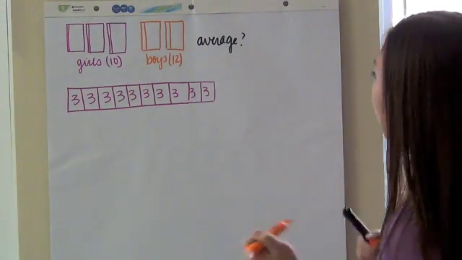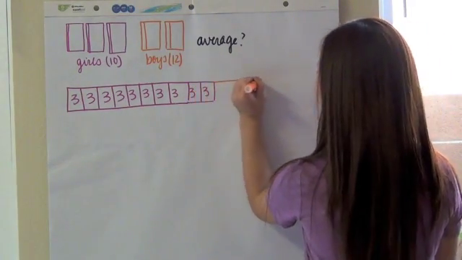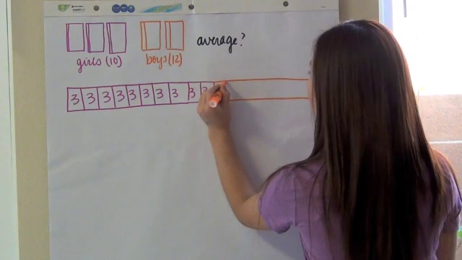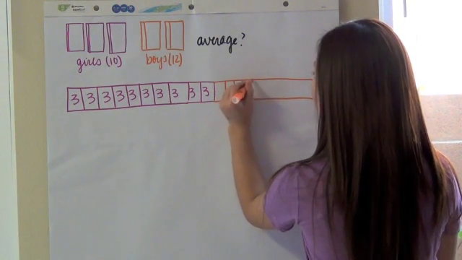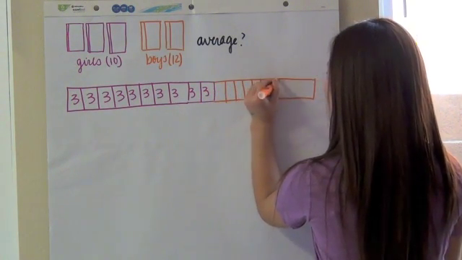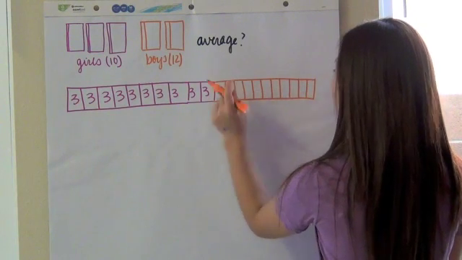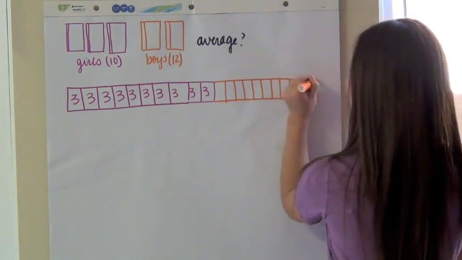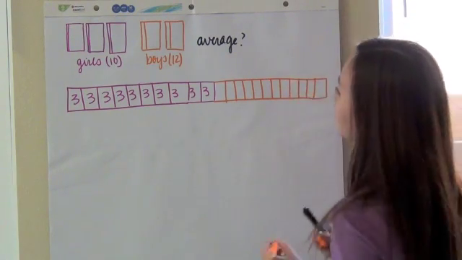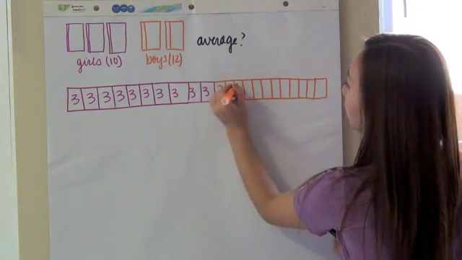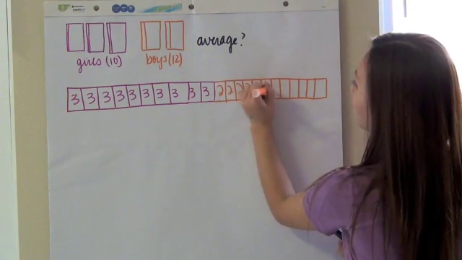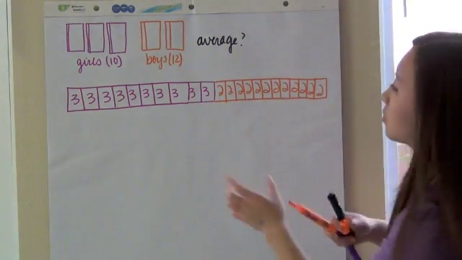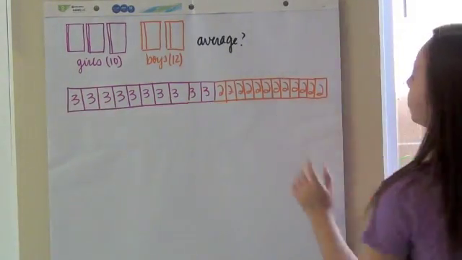Now, there are 12 boys, and each of the boys has 2 books. So as you can see by this problem, this represents girls and this represents boys.